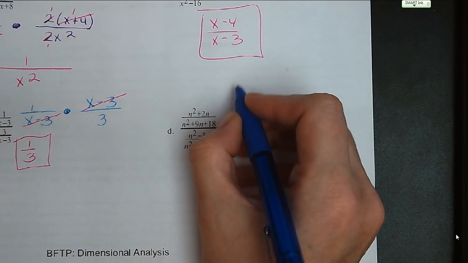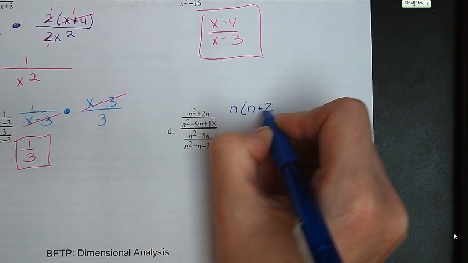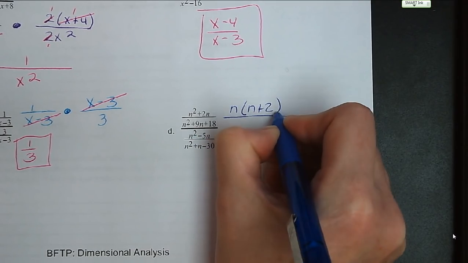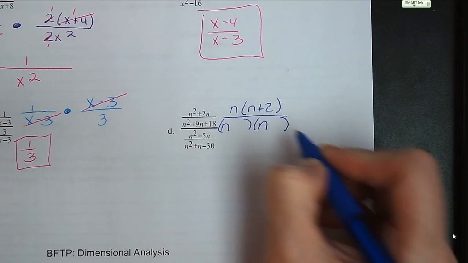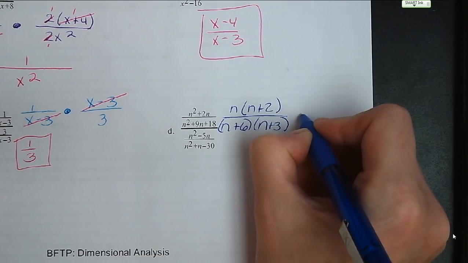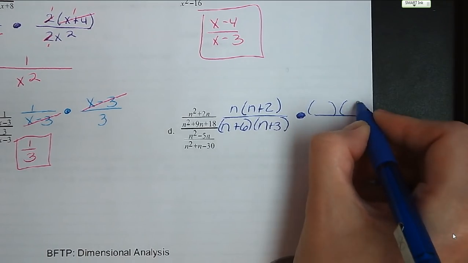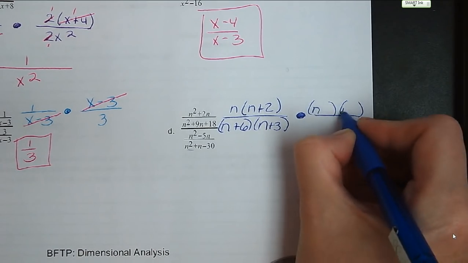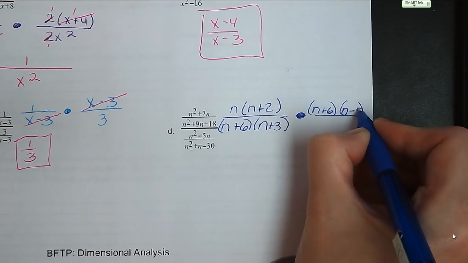All right, so we've got n times the quantity n plus 2 over, we're looking for factors of 18 that add up to 9. Well, that's going to be plus 6 and plus 3. We're going to flip it, so we're looking for factors of negative 30 that add up to positive 1. So that'll be n plus 6, n minus 5.